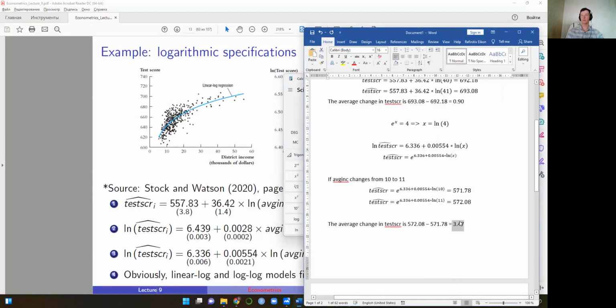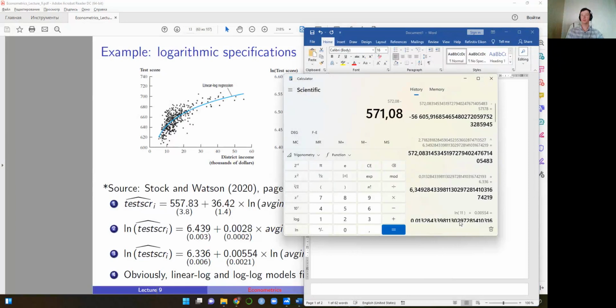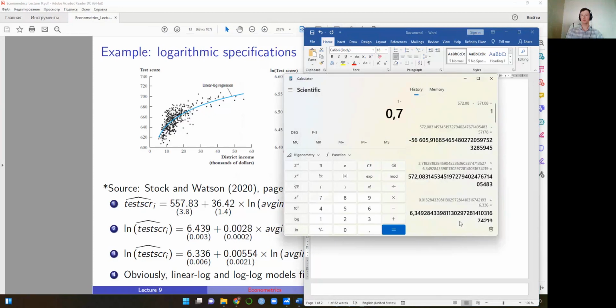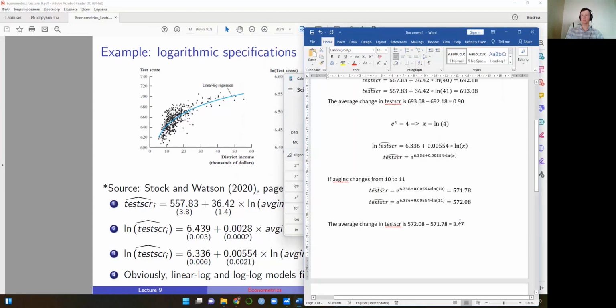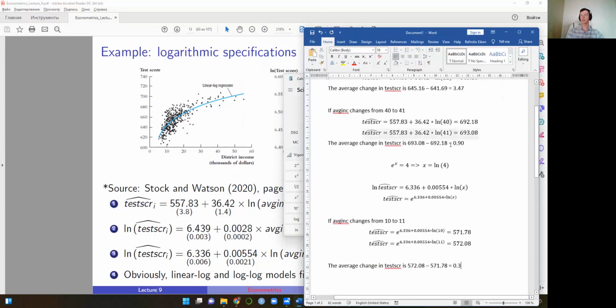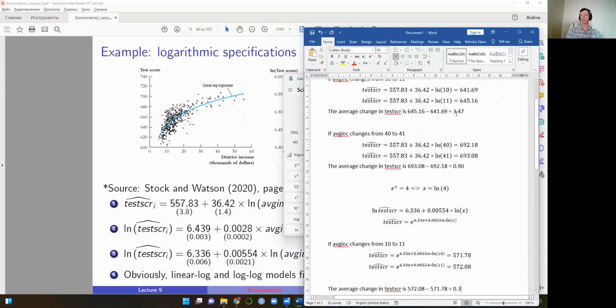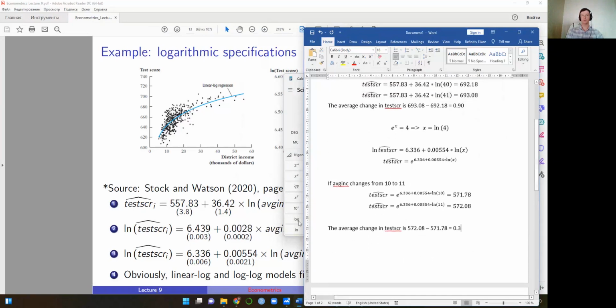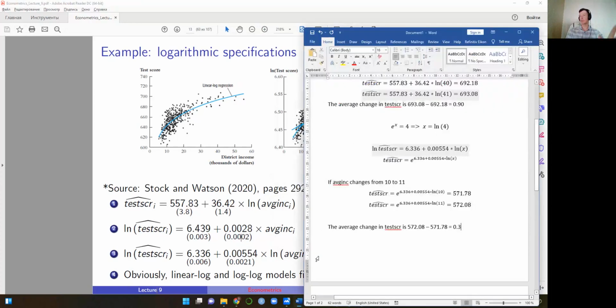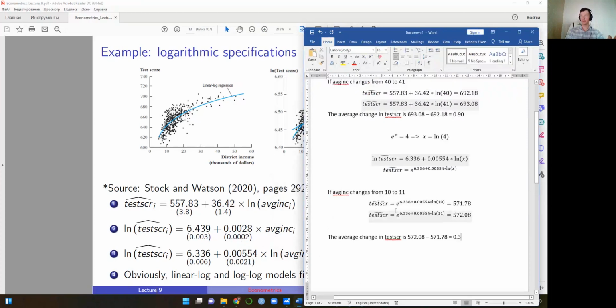There must be like 0.3, which is strange, right? Because it definitely doesn't get the same results. So maybe something is wrong with these coefficients. Need to check it. Okay, but at least you get the idea.